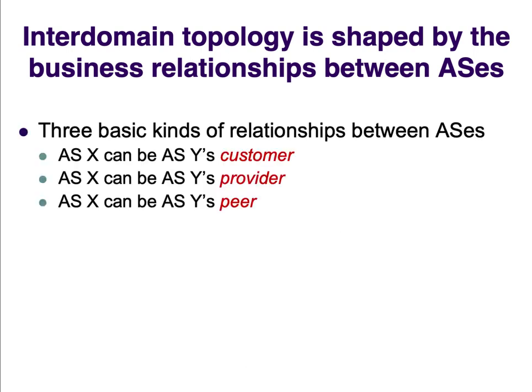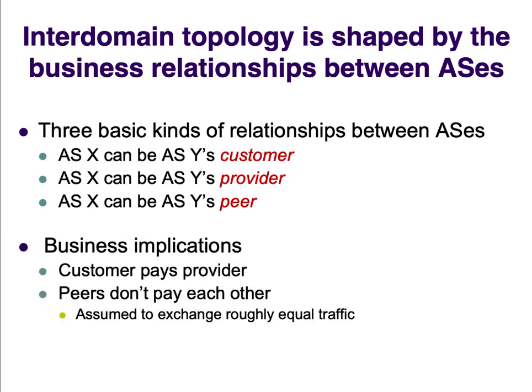And so there are 3 basic kinds of these business relationships on the internet. If I take 2 ASs, X and Y, the relationships they can have with each other is you can either be a customer of another AS, or you can be a provider to another AS, or the 2 ASs could be peers. Okay? And so what does that mean? The business implication is if you're a customer, then you're paying your provider.